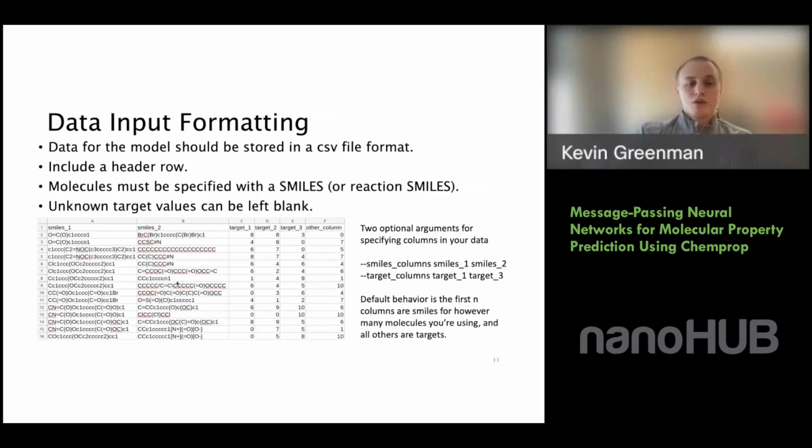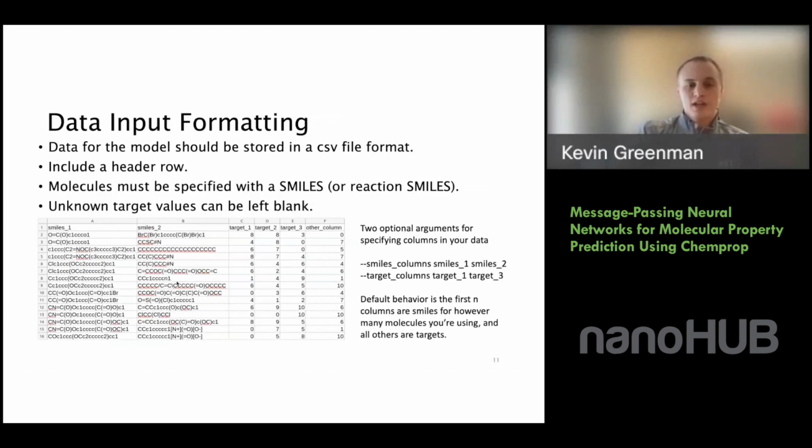The input that is required for Chemprop is something in a CSV file format. So you're going to have some header row that tells you which columns are SMILES and which are targets. The SMILES, if you're not familiar, is a way to represent a molecule using a string.